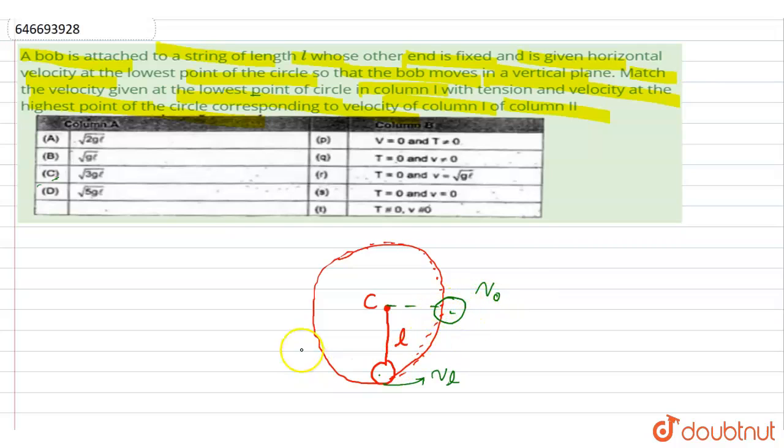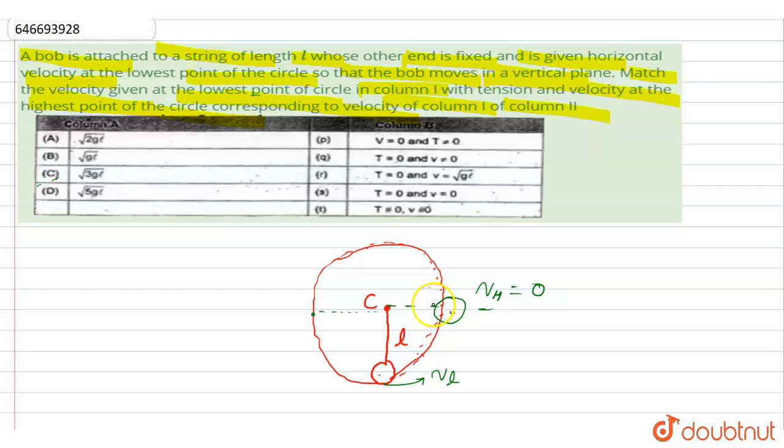It comes back and completes a half circle up to here. Therefore, the highest velocity is equal to 0, VH equals 0.